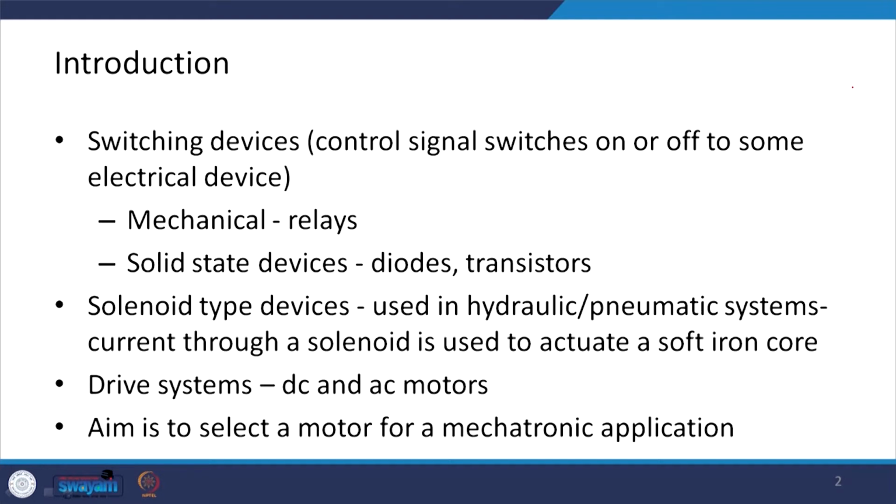In these solenoid type devices, basically current through a solenoid is used to actuate a soft iron core. So, the actuating device could be a solenoid type device, or it could be a drive system, and in drive systems under electrical actuation we are using DC and AC motors.